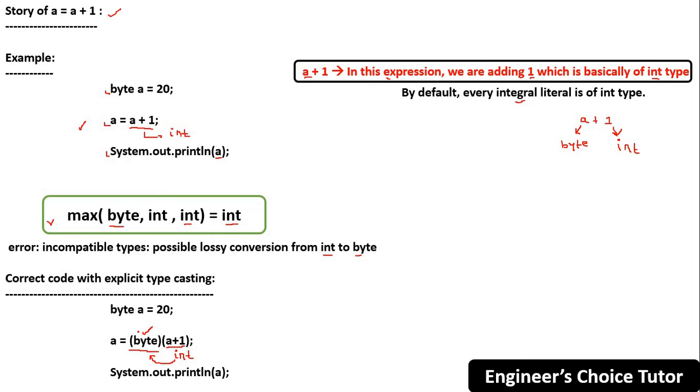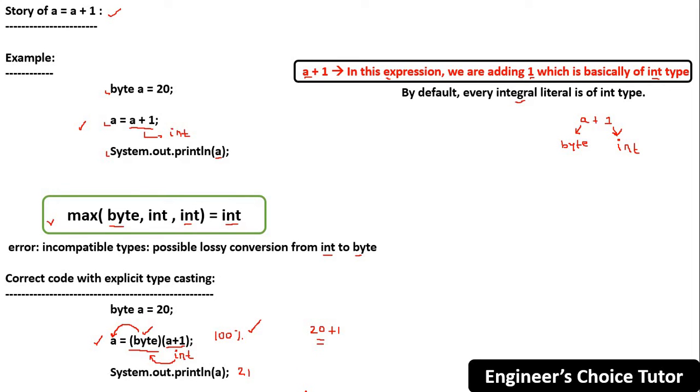And I am assigning this byte type of value to byte type of variable a, which is 100% valid. You will not get any compile time error here, and it will compile and run fine and give you an output of 21. Initial value was 20 plus 1, that is 21.